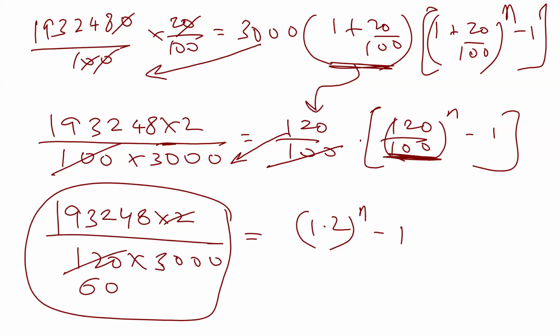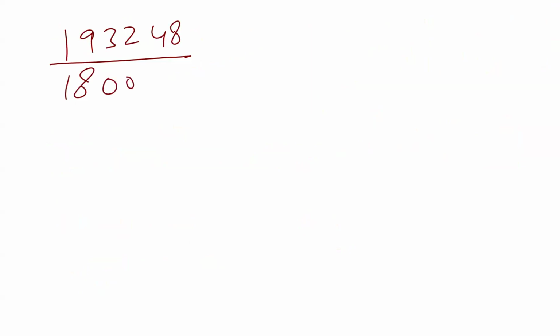So this is 193248 upon 18 and 4 zeros. I have multiplied it. No need to multiply, but then you can obviously multiply. Is equal to 1.2 raised to N minus 1.